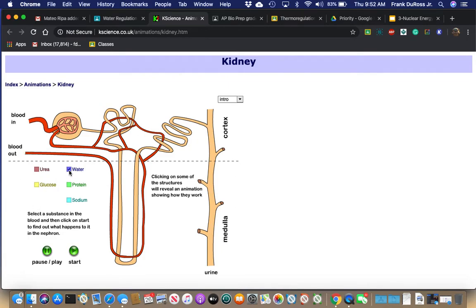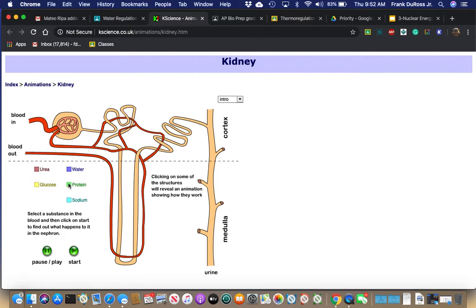Let's look at water. Now what you notice with the water is that some went back into the blood, some stayed in those tubules.